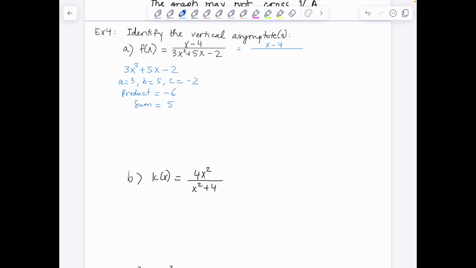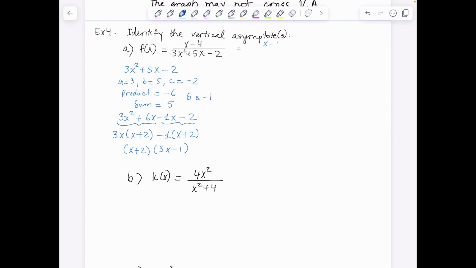So the two numbers can be +6 and -1. 6 times -1 is -6, and 6 plus -1 is +5. So rewrite the middle term as 6x minus 1x and keep the first term and the last term. Factor by grouping. Factor out 3x. We have x plus 2. Factor out -1. We have x plus 2 again. Factor again with x plus 2 being the GCF. We have x plus 2 times 3x minus 1.